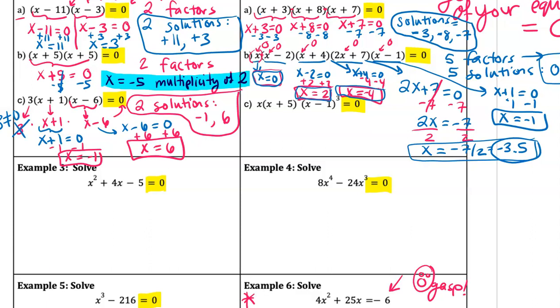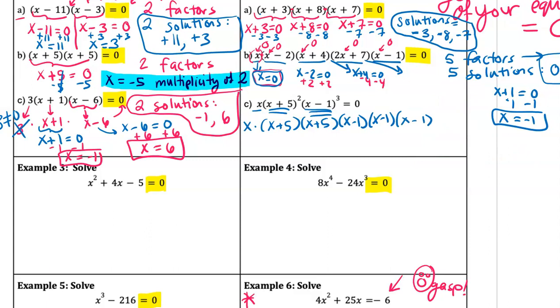Lastly, in example 2c, I want you to take note of the fact that you have a total of 1, 2, 3, 4, 5, 6 factors. I've got a factor of x, I've got 2 factors of x plus 5, and I've got 3 factors of x minus 1.